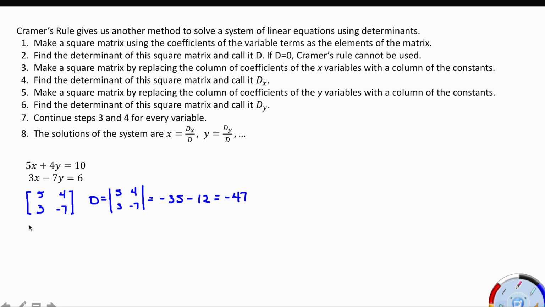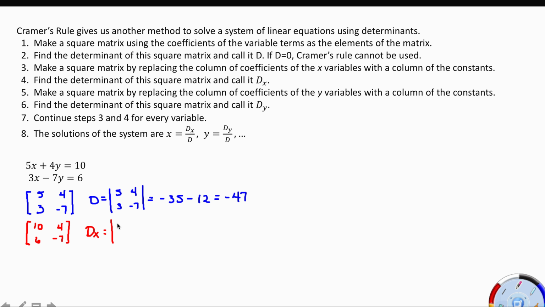Then I'm going to make a matrix where I replace the coefficients of the x variables with my solution numbers. Okay, I'm going to call that determinant d sub x.